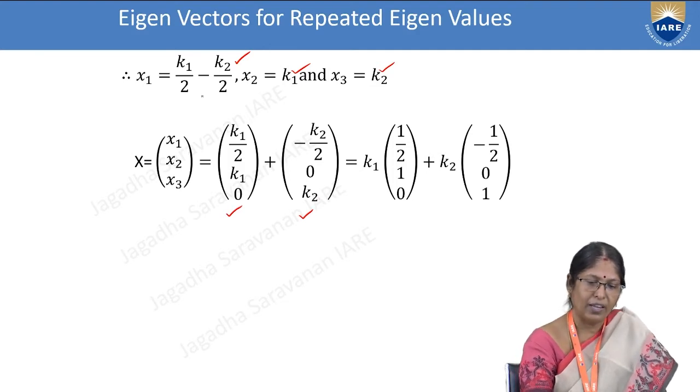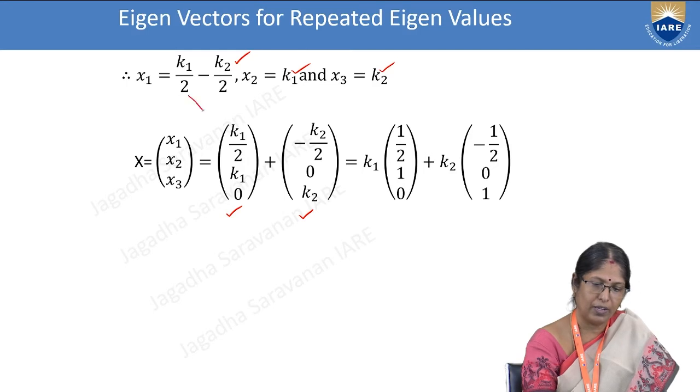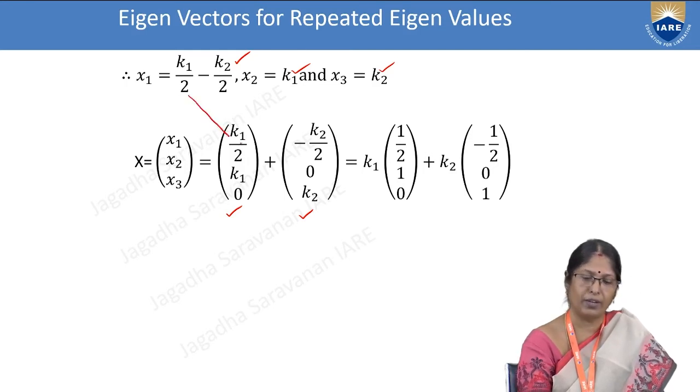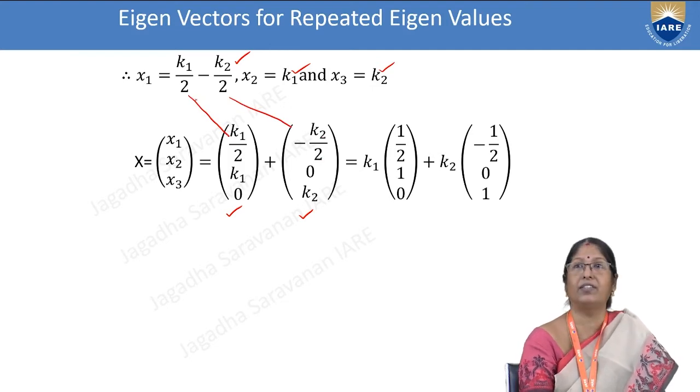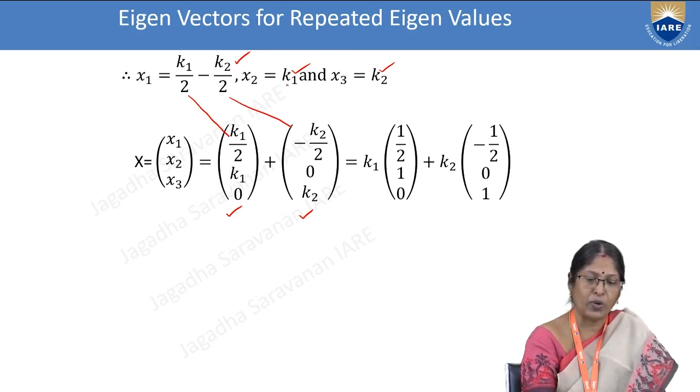That is, this is for k1, this is for k2. Here we wrote k1 by 2. Here we compulsorily should write minus k2 by 2. Adding both, we will get k1 by 2 minus k2 by 2. Next, x2 is k1.